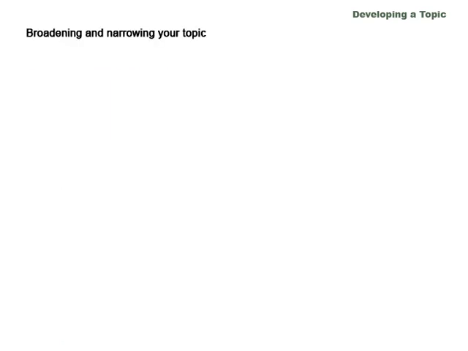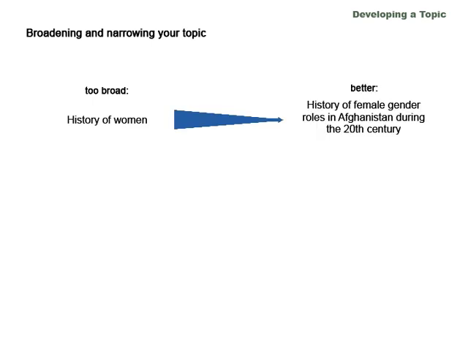It's also important to consider the scope of your topic. If it's too broad, it might be difficult to find information that's relevant to you. If your topic is too narrow, it might be tough to find any information at all.